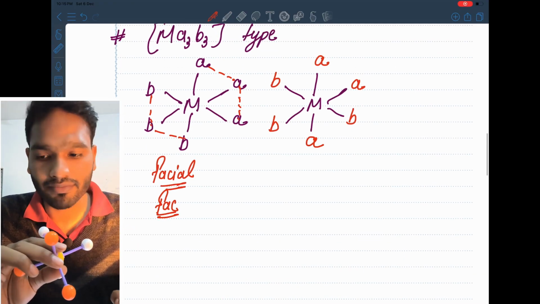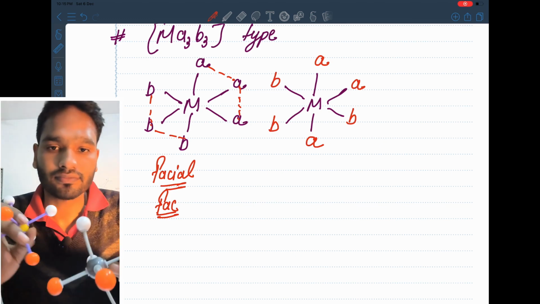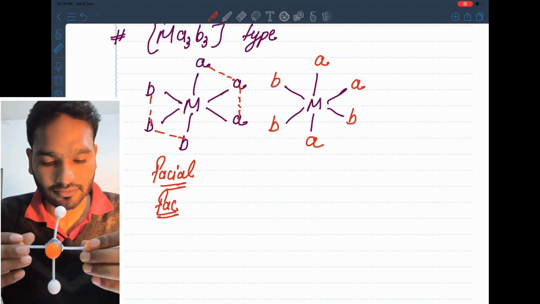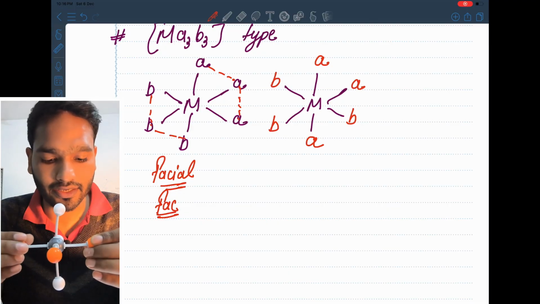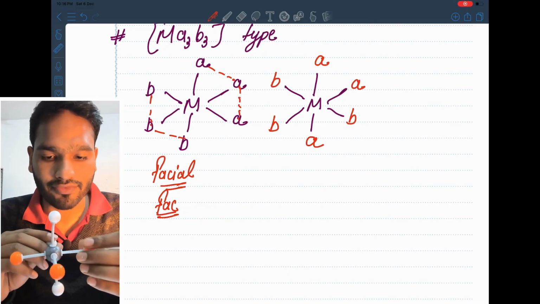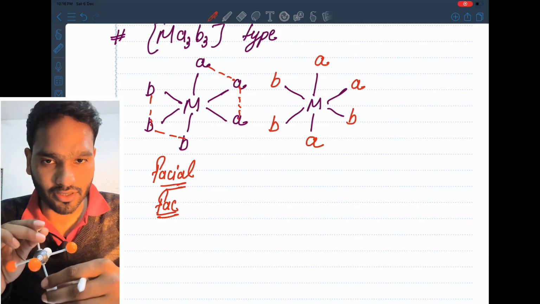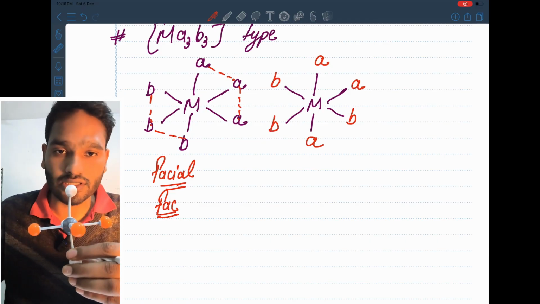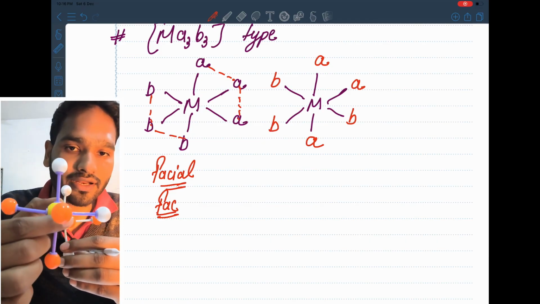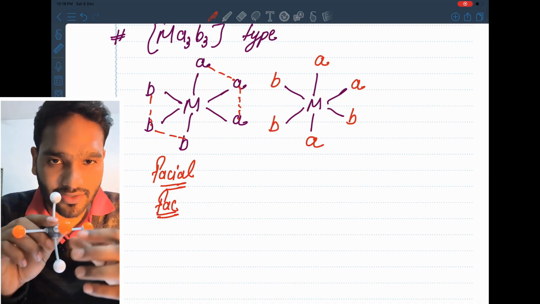And the second one will be like this. We are having A in front of A, then we are having A in front of B, and then we are having B in front of B. So this one is different.